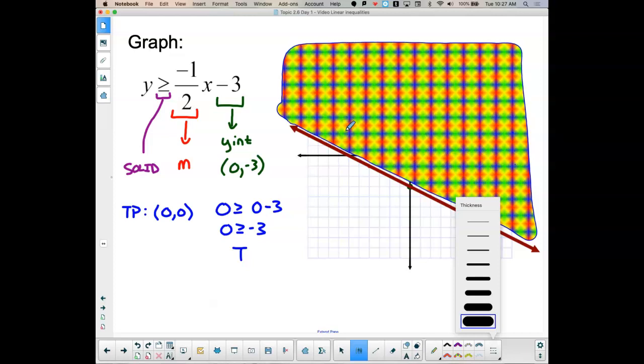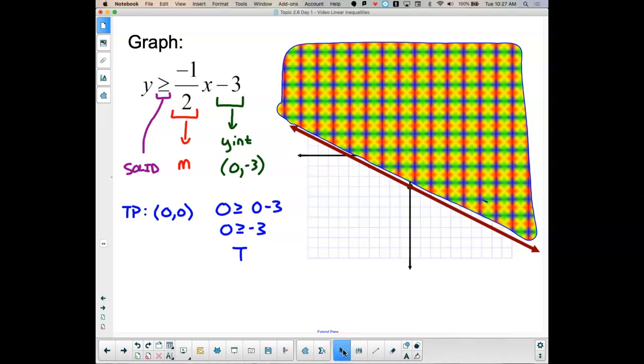And then we can say, oh yeah, any point in that range will make it be a true statement. Move this back over here. Okay.